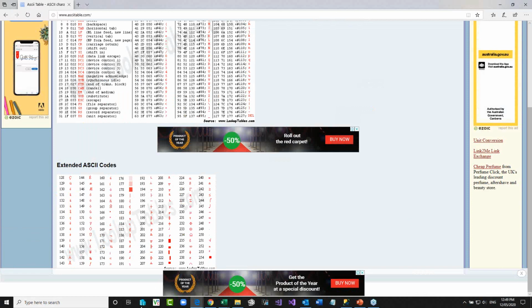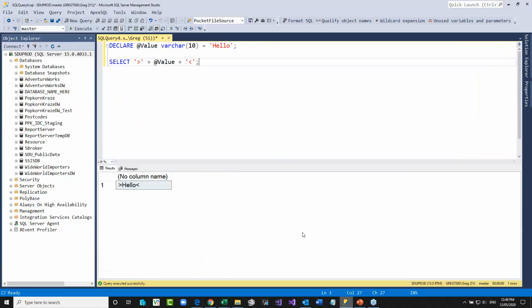Now, that's fine. And if we look here inside SQL Server, we can put any of those characters in here, and that'll be fine. For example, I could grab an A with an accent and something. That'll be absolutely fine inside here. But the problem is, what about other languages? Because we saw that little list of characters and they only have a couple of hundred characters.